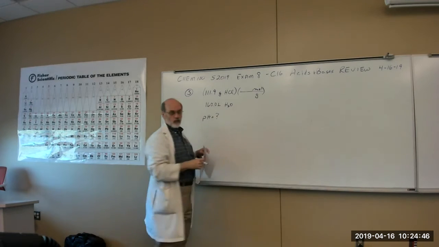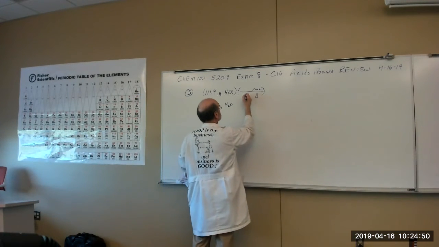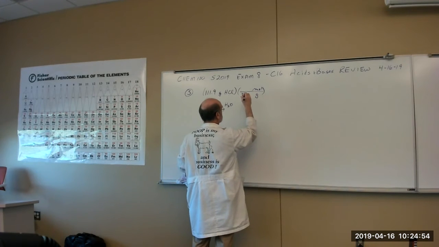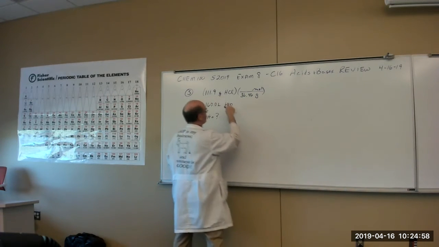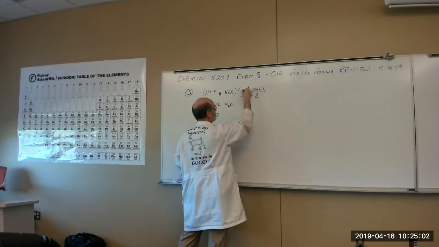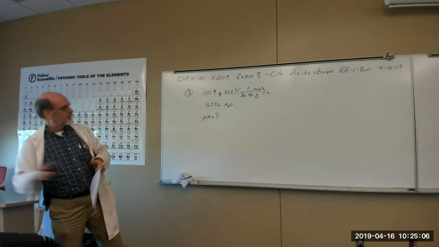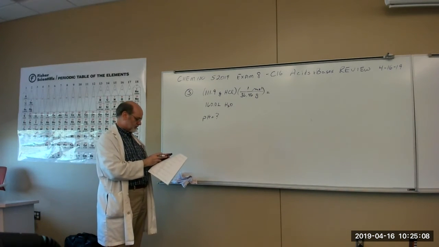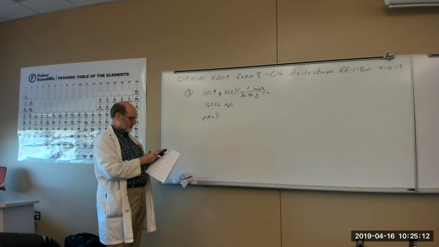We just need to know the molar mass of HCl, which should be 36.46. Right? 35.45 plus 1.01. Okay, so we divide that, 111.9 by 36.46.